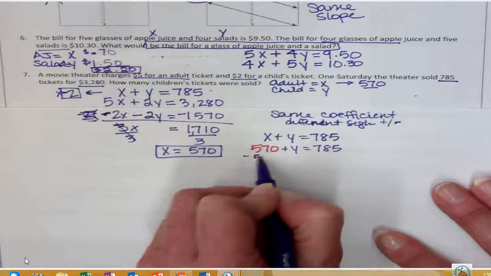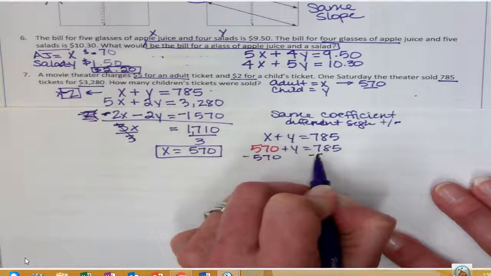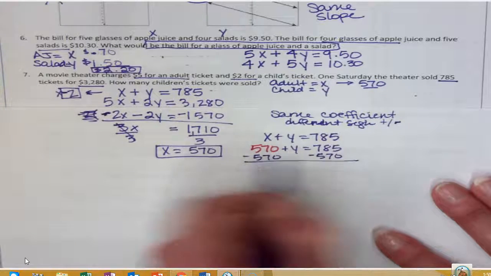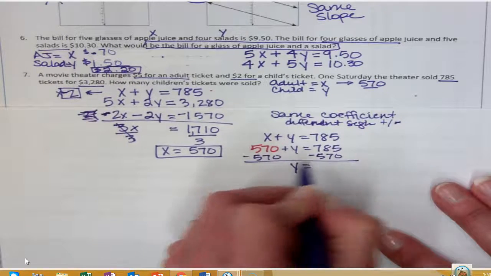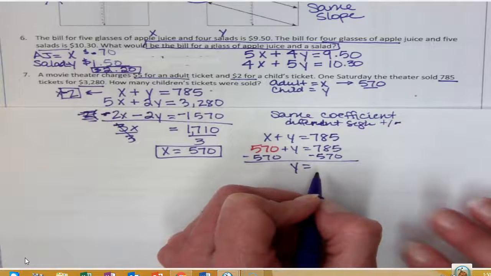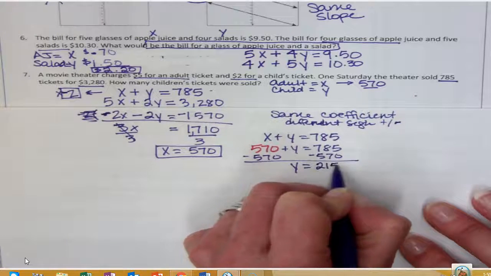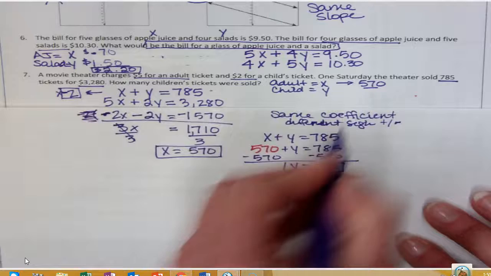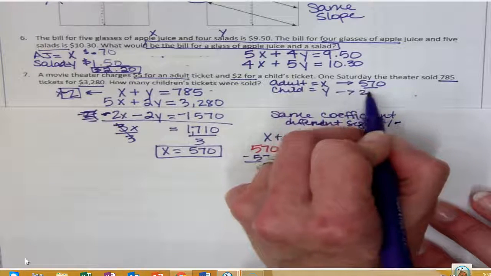Then I'm going to subtract 570 from both sides. And I get y equals, and the answer is 215. So that's how many children's tickets were sold.